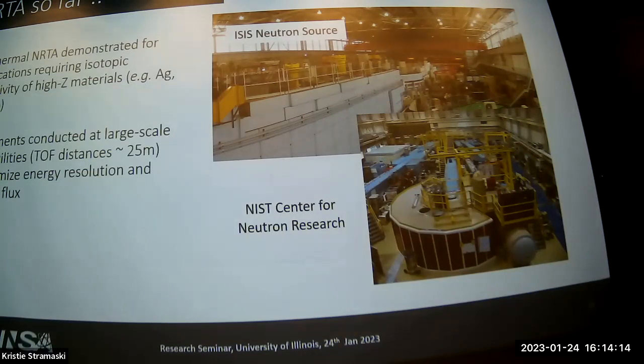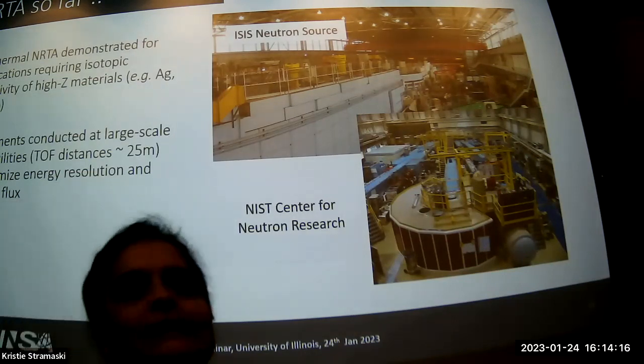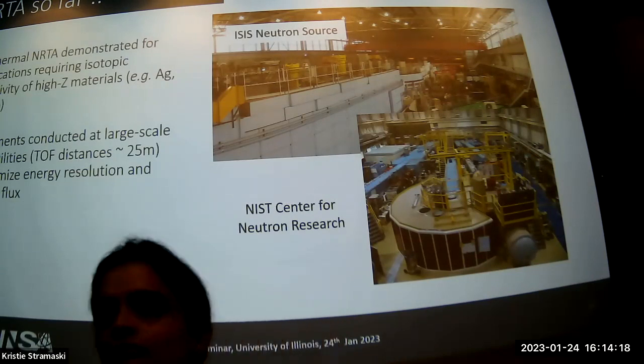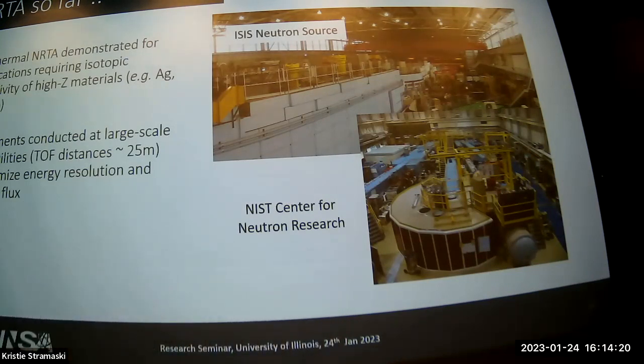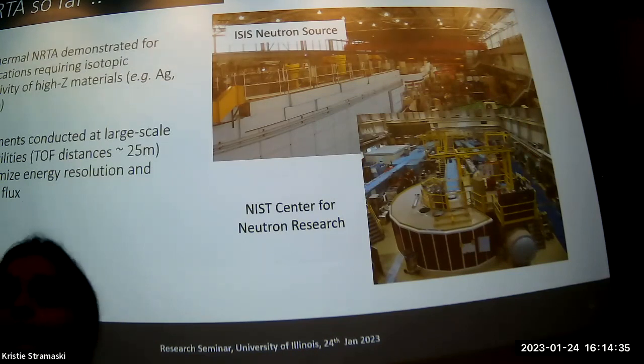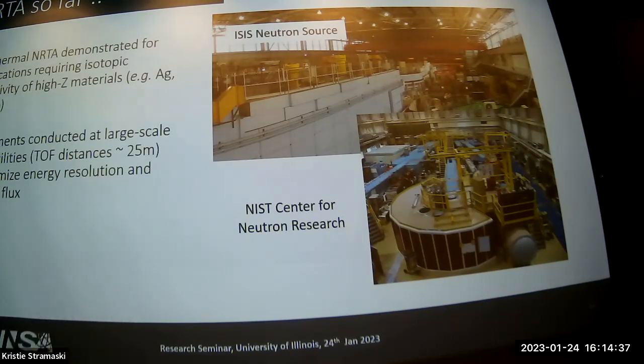But if, for example, you find a suspicious material somewhere, I'll give you an example, in a border area, what you'll have to do to apply NRTA for identification of the isotopes is transport it to one of these facilities, get the beam line, or get the beam time, do the experiment, do the analysis.